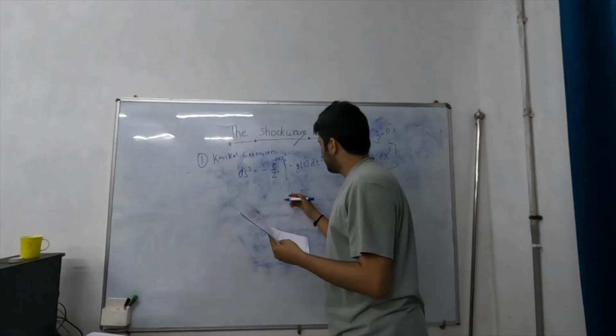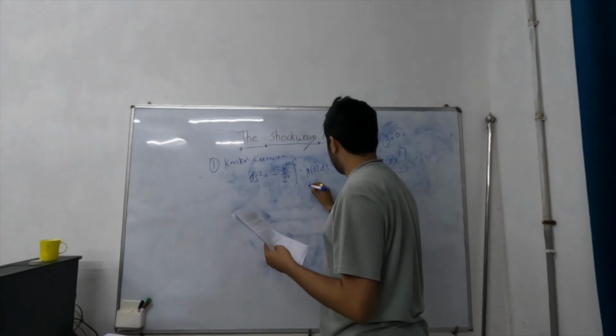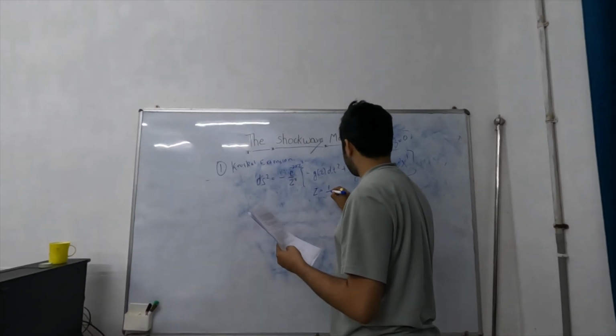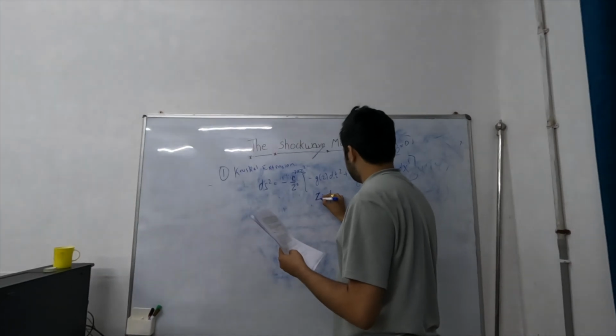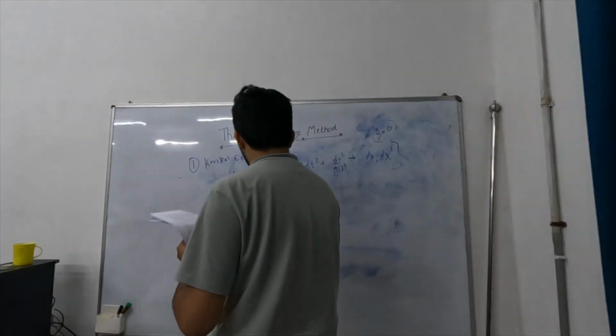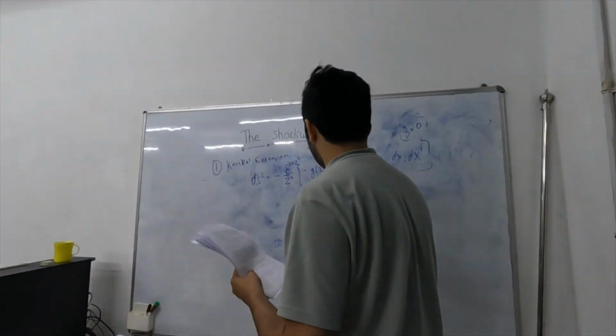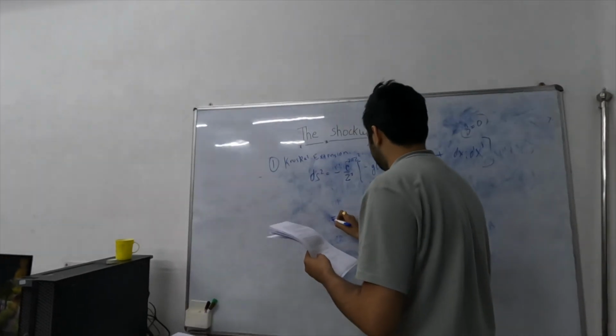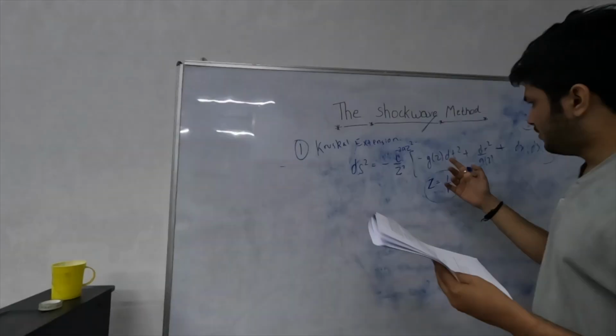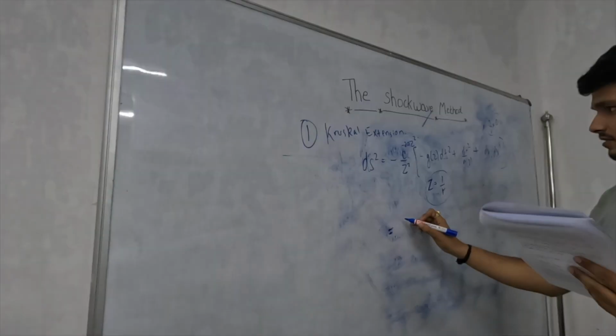So the very first step would be to get rid of this z in the denominator. The first thing that I do to my metric is this transformation. Define a new coordinate, which is the inverse of z.